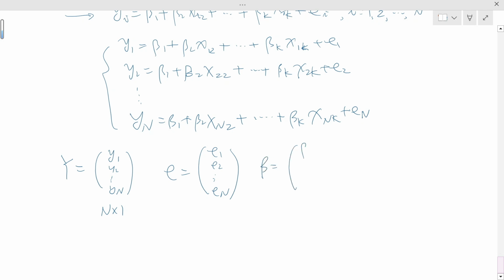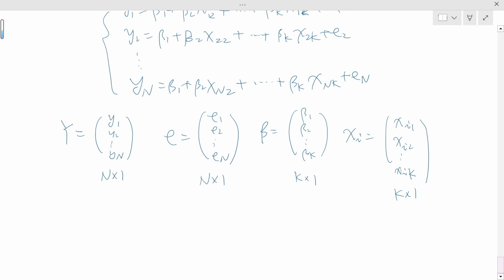Beta will be beta 1, beta 2, up to beta k, so it's a k by 1 vector. And x_i will be x_i1, which is actually equal to 1, the constant term, the intercept, then x_i2 until x_ik. So it's a k by 1 vector, the x for observation i.